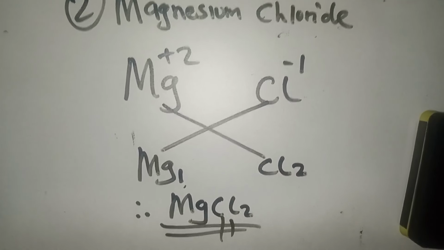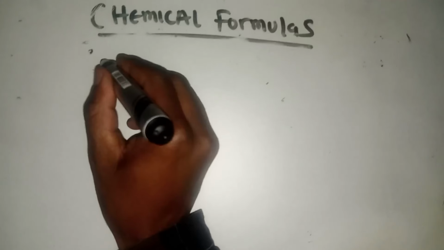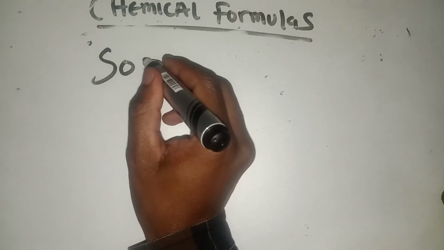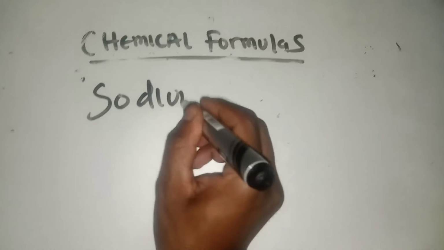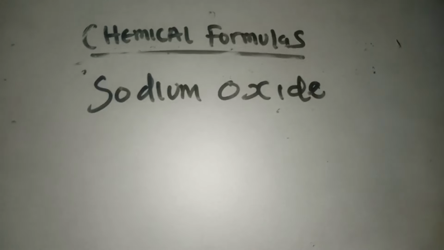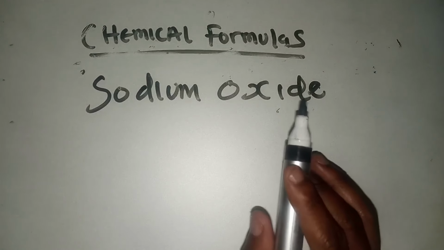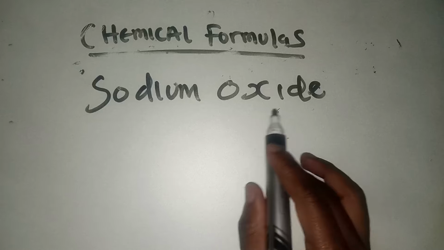From there, they can also ask you to write the chemical formula for sodium oxide. Sodium is a metal, and oxide, this is oxygen, a non-metal.